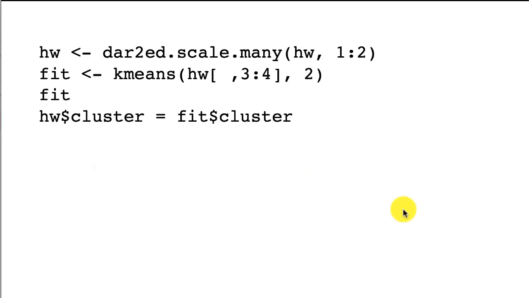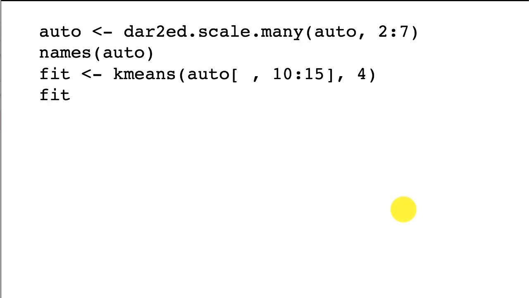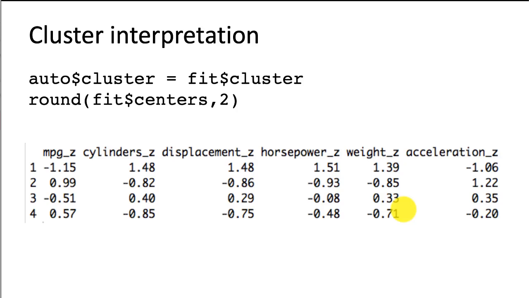So auto$clusters, fit$cluster is just assigning to every row which cluster it belongs to. And then fit$centers, I'm rounding it off to 2 decimal places. Here are the 4 clusters, and here are the centers. This is the mean scaled MPG for that cluster. This is the mean number of cylinders for that cluster, again standardized, and so on.